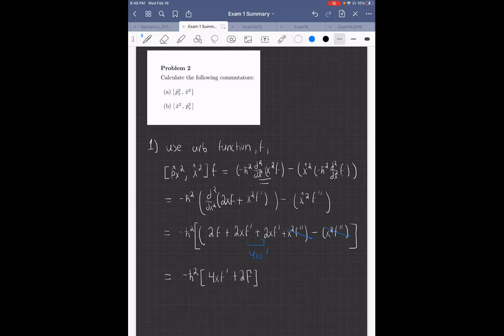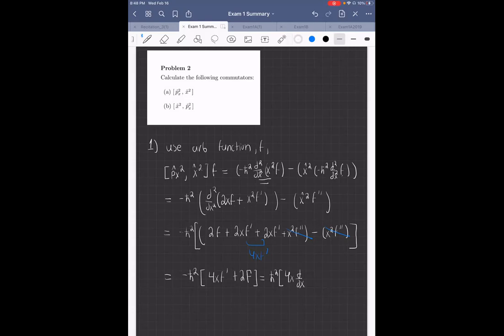Okay. And so a commutator is basically just an operator. So we have to separate the arbitrary function from the rest of the operations. To do that, we see that we have h bar squared, whatever's on the inside. So we have 4x, and this is f prime. So we take the derivative out of f prime, and we get 4x, the first derivative.